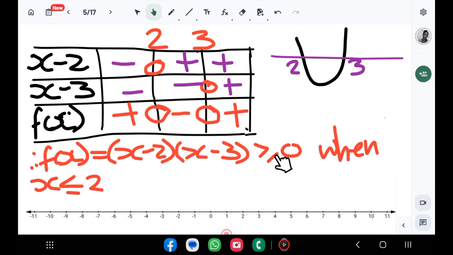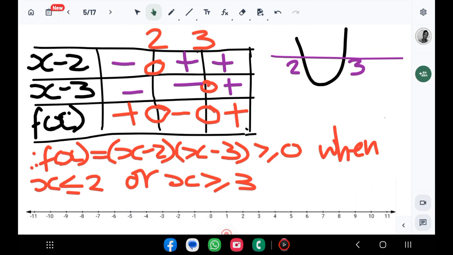Also, the original inequality includes an equal to. So it's greater than or equal to, not just greater than. We're going to look at another example that showcases how we deal with that one. Or when x is greater than or equal to 3, because that's the other region where you've got a 0 and then a positive on the f of x.